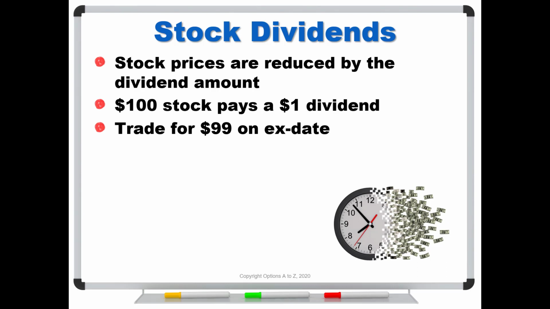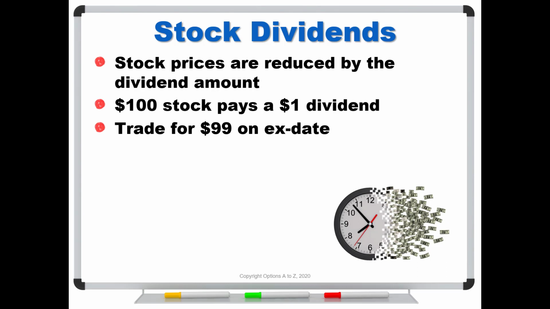So the X date just means exactly that. It's the date that the stock trades without the dividend. So sure, you could buy it right now for $99, but you're not going to receive the $1 dividend. On the other hand, if you bought it the day before the X date, you would have paid the $100, would have paid more for it, but you also would have received the dividend.